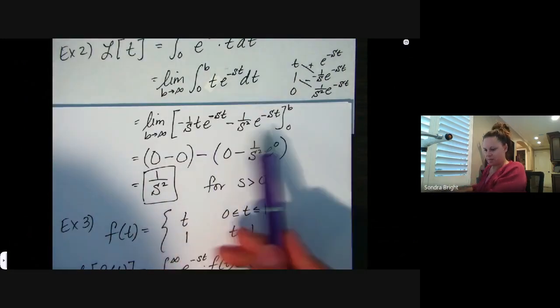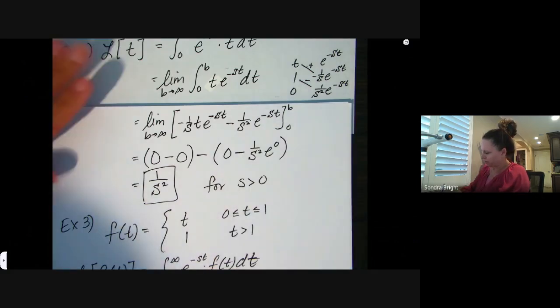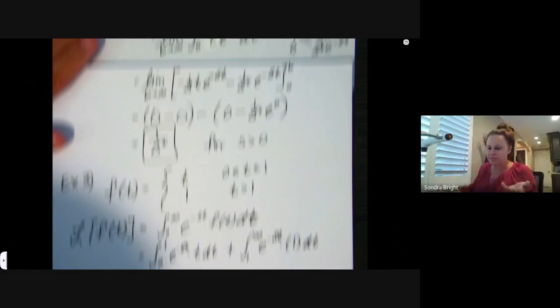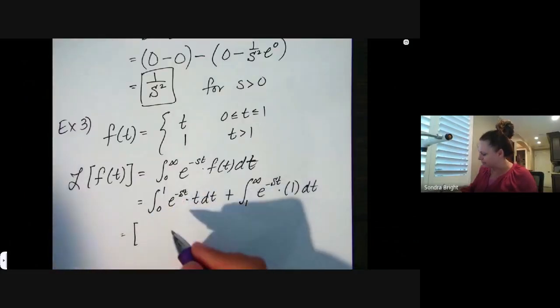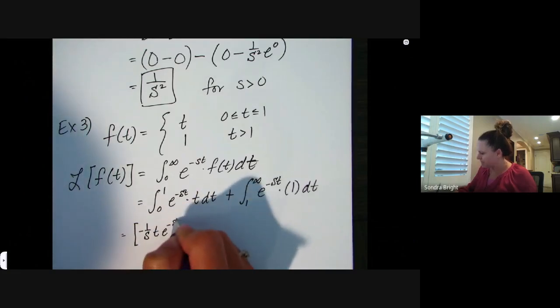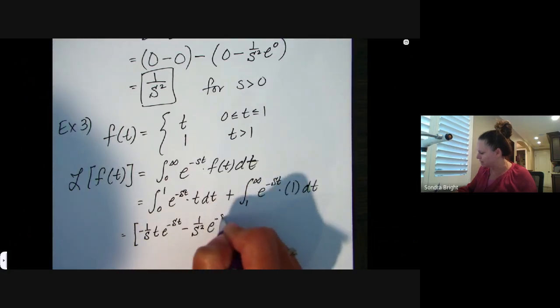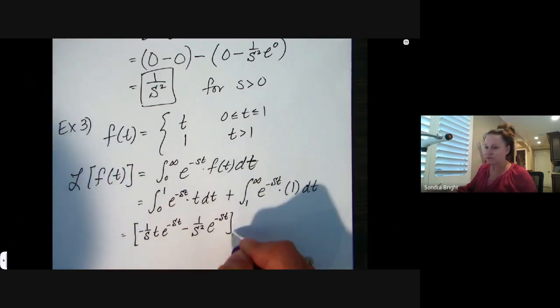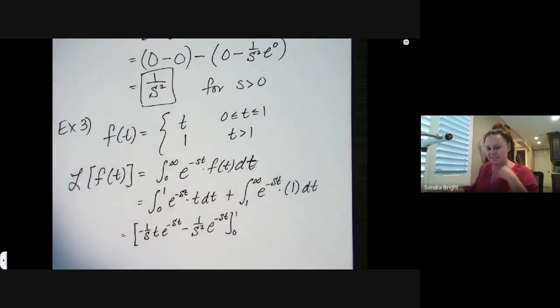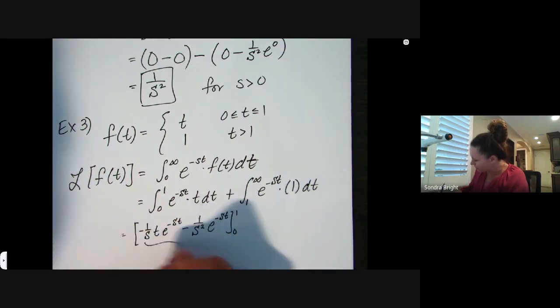So I'll write from example 2, you could do tabular again, but it's a negative 1 over s t e to the negative st minus 1 over s squared e to the negative st. The difference now is it's going from 0 to 1. But we did that whole tabular thing, so I'm not going to go through that again. This is from example 2.